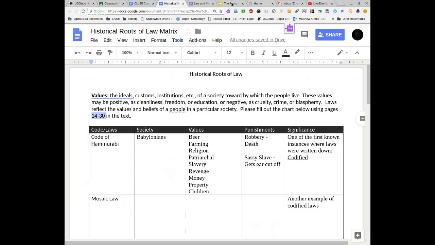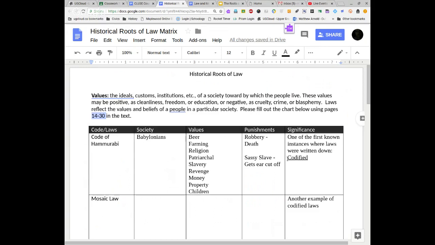Now, as you can see on the Roots of Canadian Law slideshow, you can see that there are pieces like society, values, punishments, and significance determined for you there.